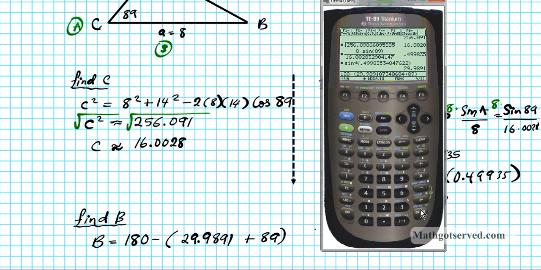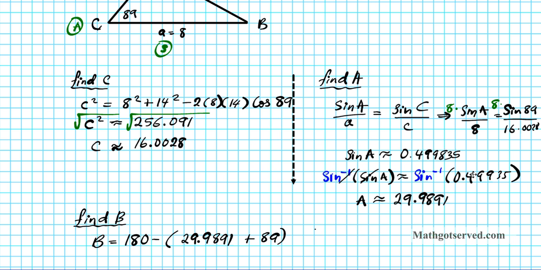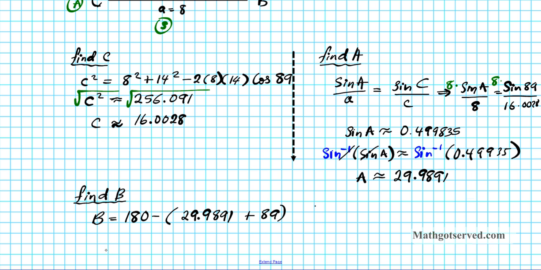All right, and our answer will be 61.0109. Okay, so B is approximately 61.0109 degrees.